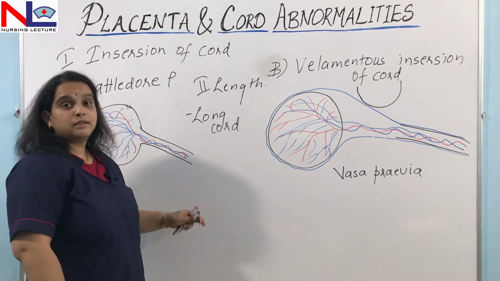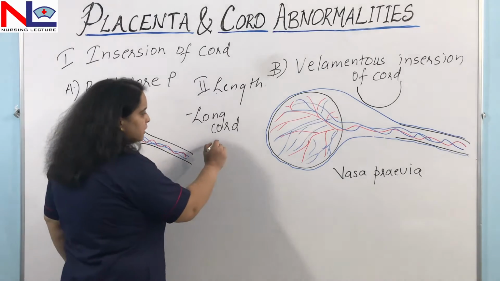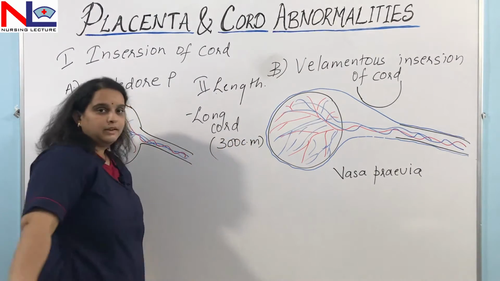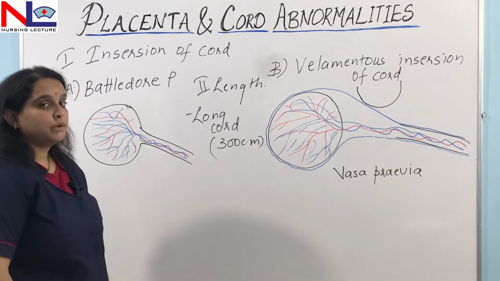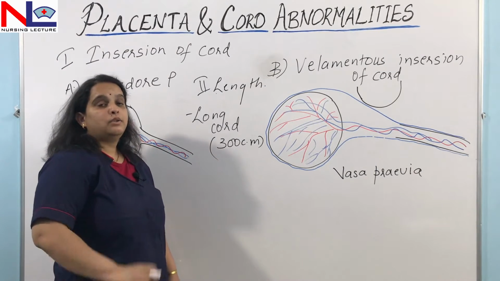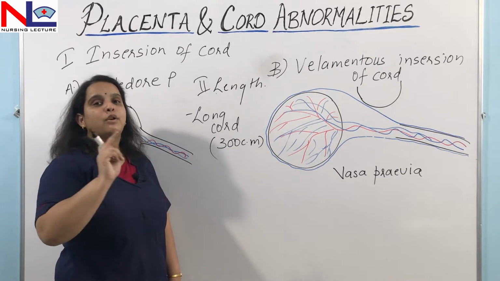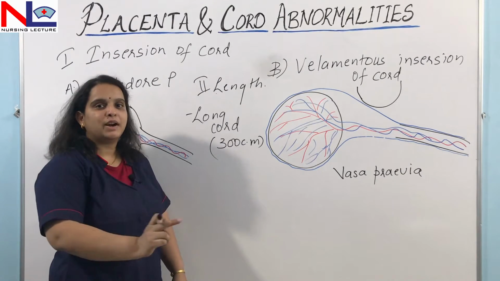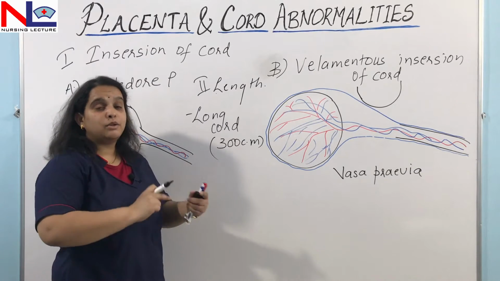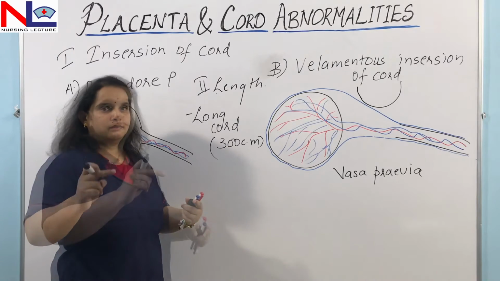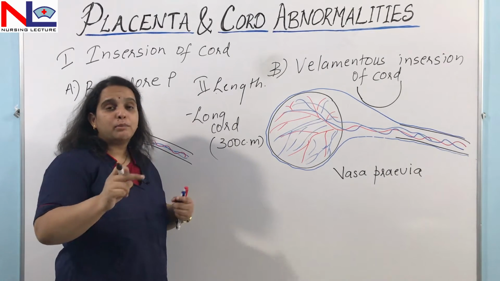But if it is too long and extends up to 300 centimeters, then it is a long cord, and that may cause cord entanglement, that is, a loop around the neck, or maybe around the abdomen or the leg. As the cord is too long, it may wrap around a body part.